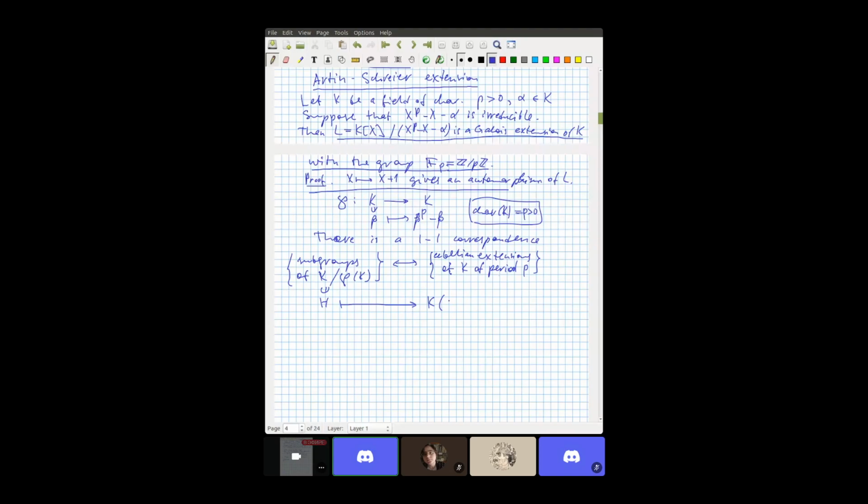You add all solutions of this: you take ℘^{-1}(α), all such α, where α modulo ℘(K) belongs to H.